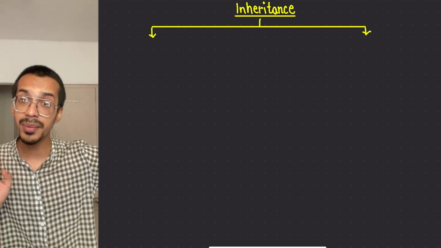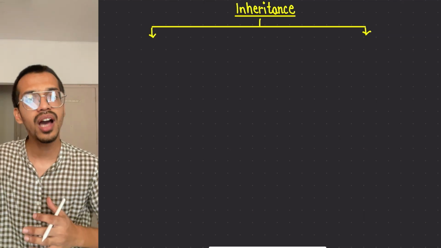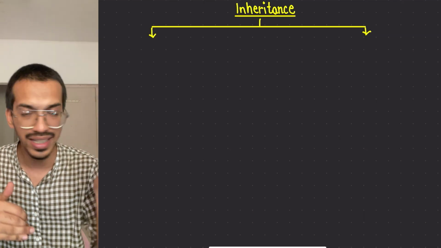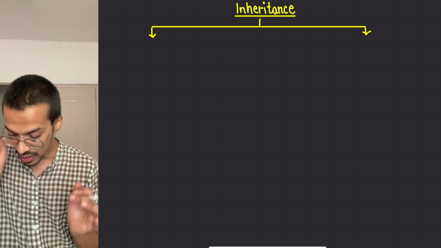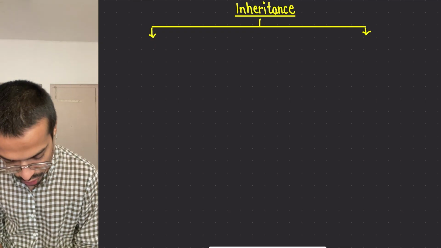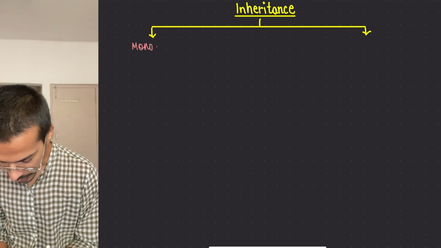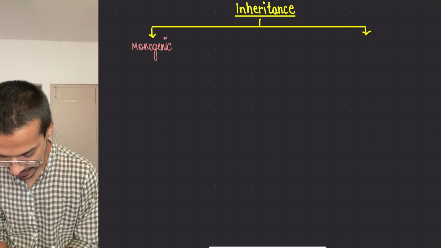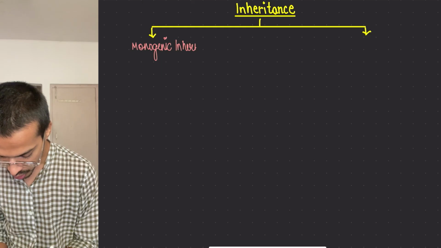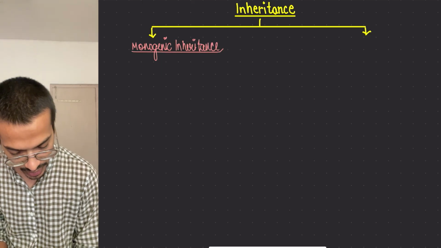Now, inheritance on this basis could be of two types. Earlier, when we were studying Mendel genetics, it was about how one gene is affecting the character. So there is monogenic inheritance. What is monogenic inheritance, which we studied in Mendel?